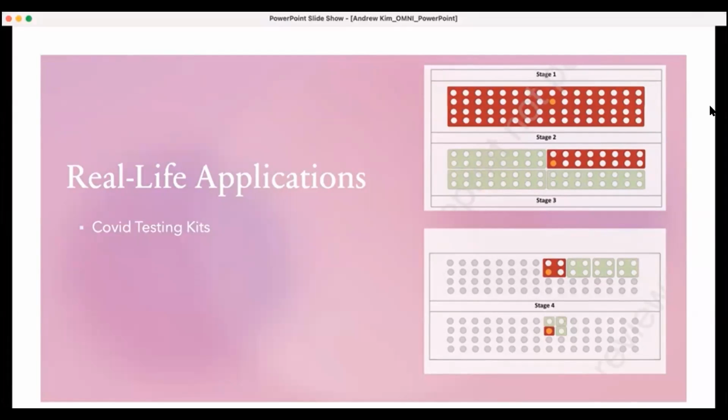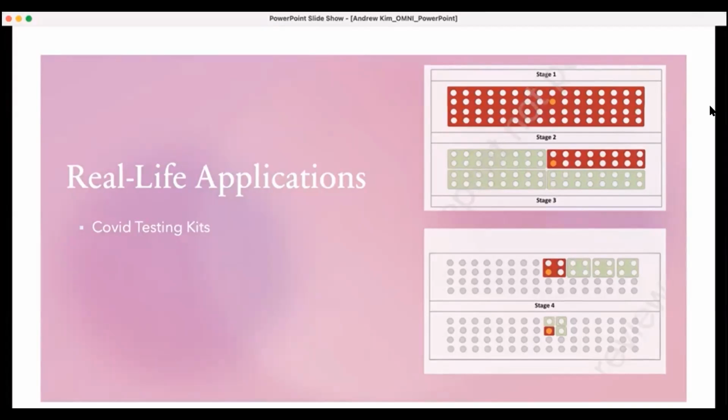That reduced number of test kits signifies the optimal use of resources, while the number of stages reduces the time required to identify the infected person. So it's fair to say that dynamic programming has helped all of us tremendously in the collective effort of bringing the normal back into our lives.